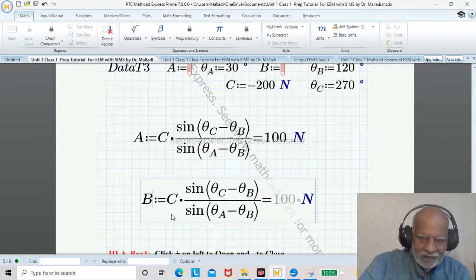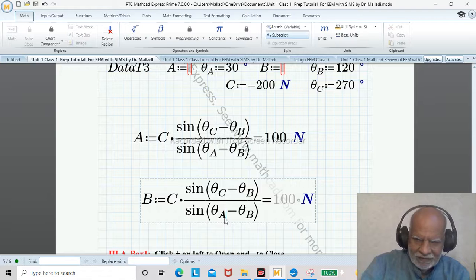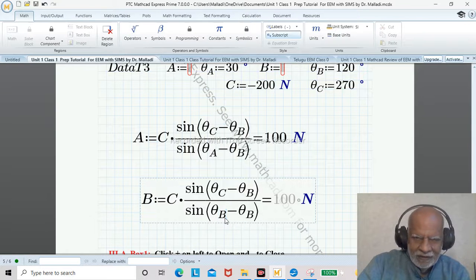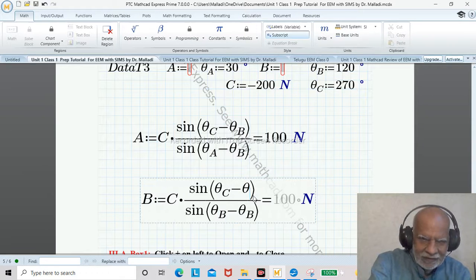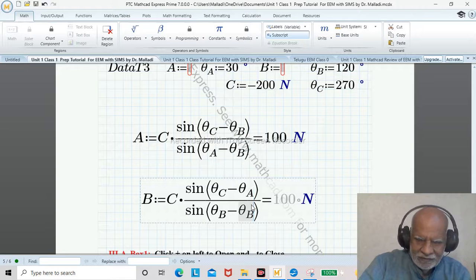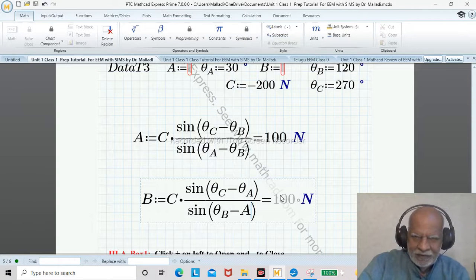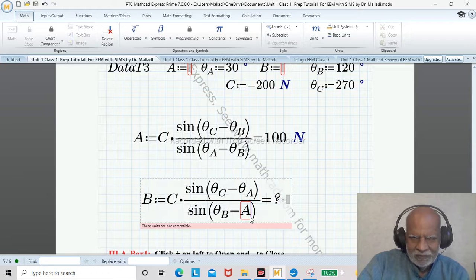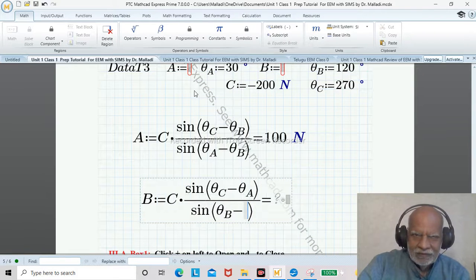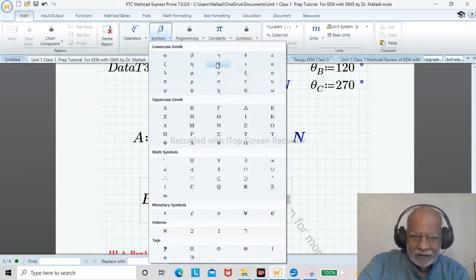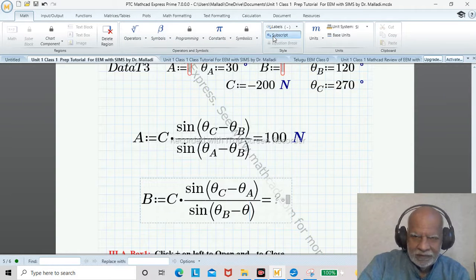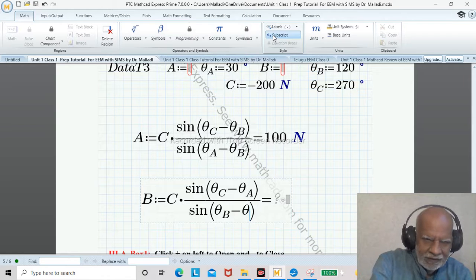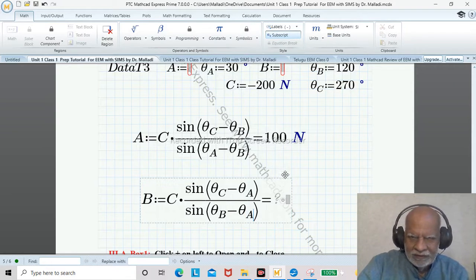I want B, then I'll make it B, and then I have to subtract B, therefore I make it A, and I'll make this B into A. So now, see, what did I make mistake? I didn't put it properly here. So I edit theta and subscript A. So now I got it.